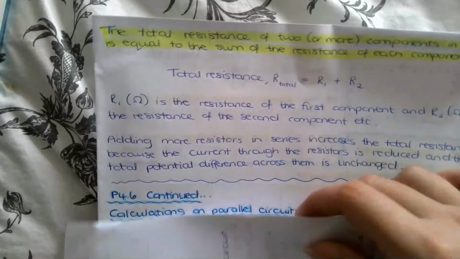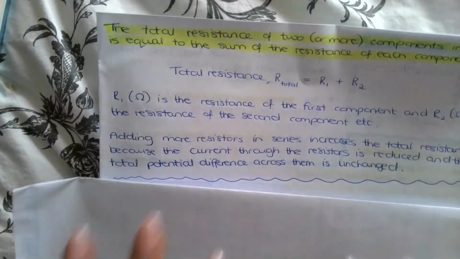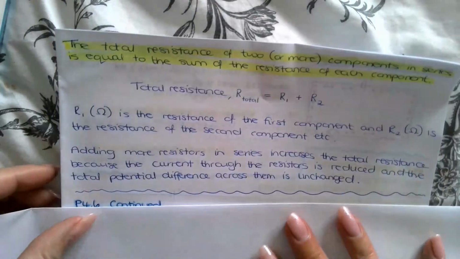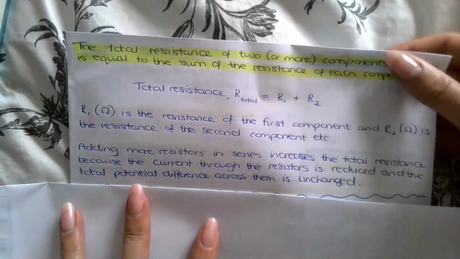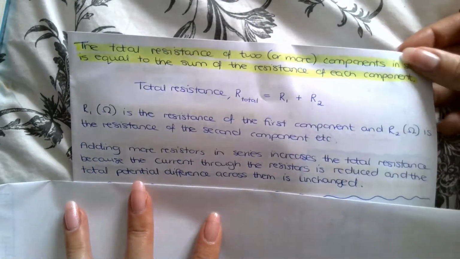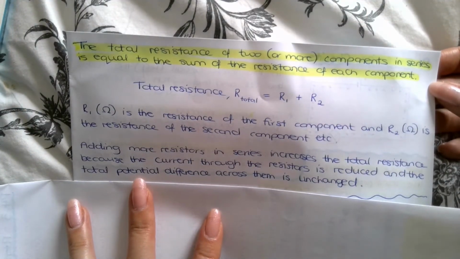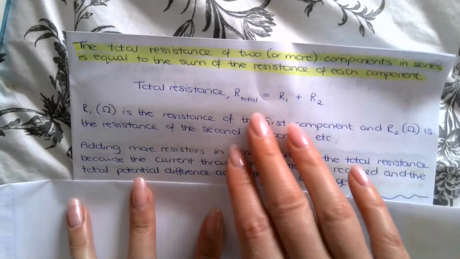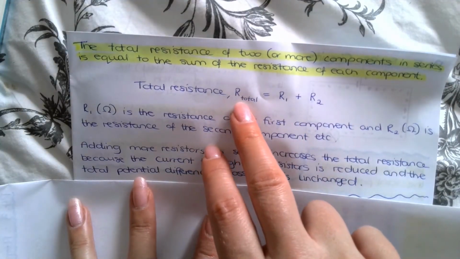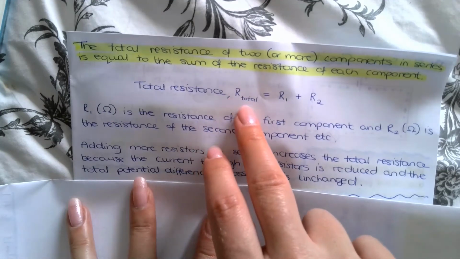And just to confirm how we know the total resistance of a circuit, we've got this final rule here. I've highlighted all the rules in yellow, which are the things you need to make sure you know. The total resistance of two or more components in series is equal to the sum of the resistance of each component. R is resistance, total means that I'm talking about total resistance.